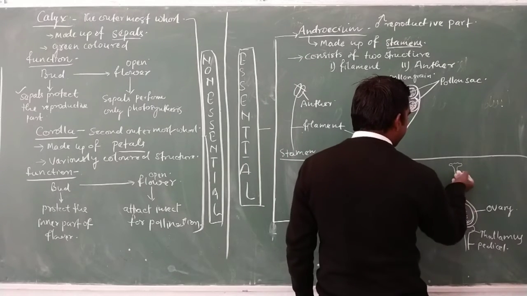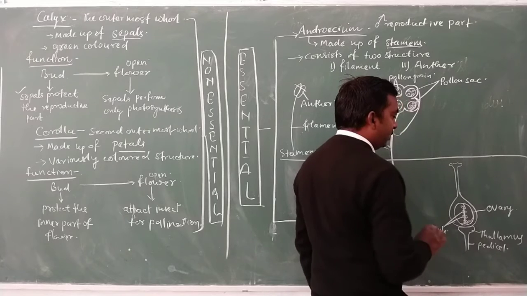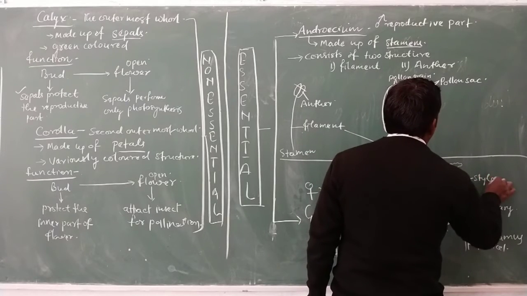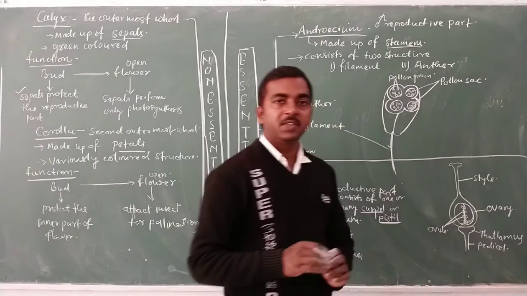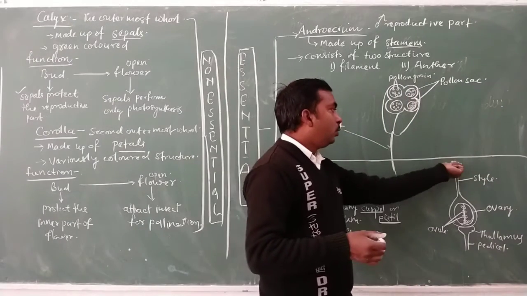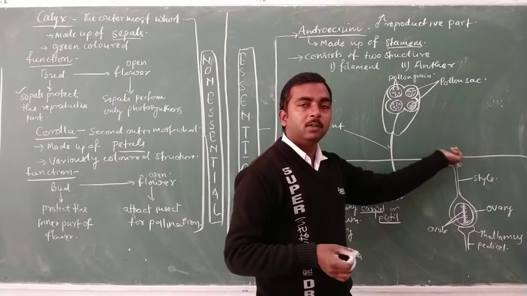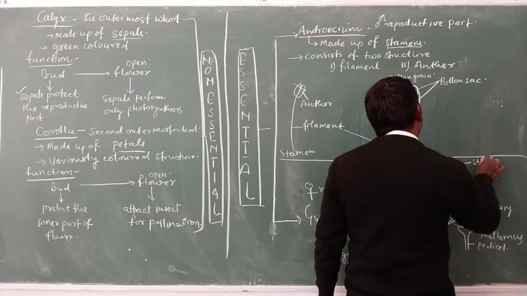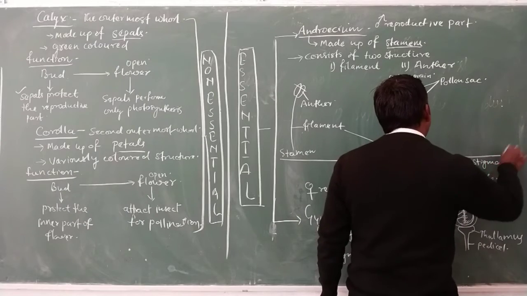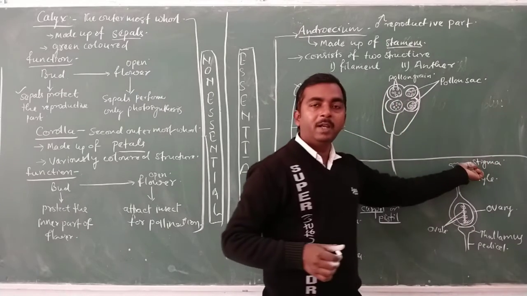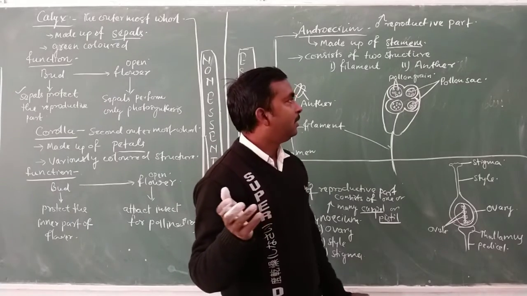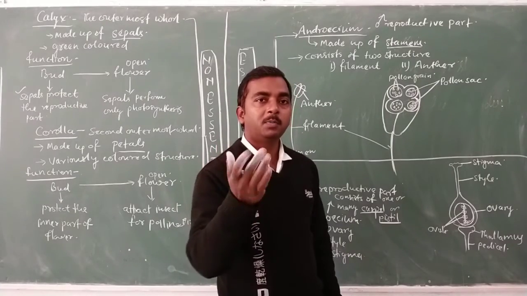So ovary leads to the upper part of the flower with the help of style. And style makes a passage to the opening of the flower, the stigma. So this is the stigma. Stigma provides a surface or platform for the pollen grain after pollination.